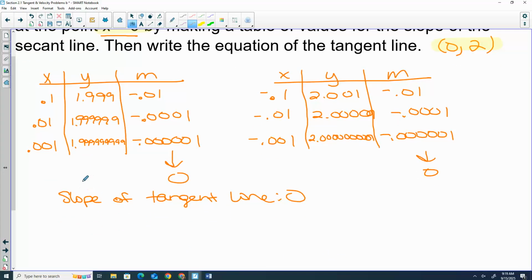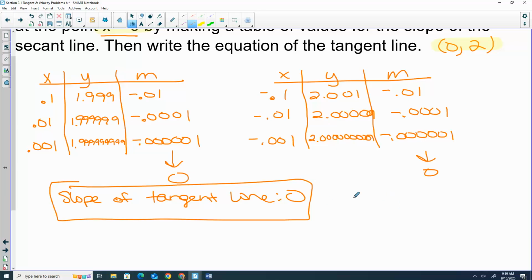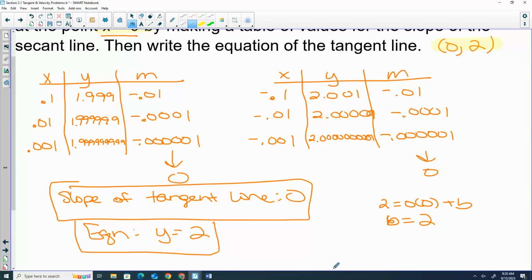Use our point, 0, 2, and our slope 0, y equals mx plus b. So our y-intercept is 2. So the equation of the tangent line, y equals 0x is just 0 plus 2, so y equals 2. It's a horizontal line at that point.